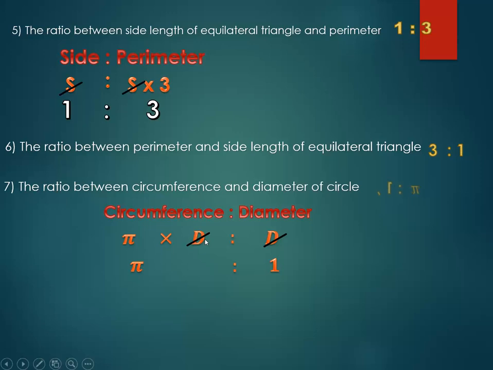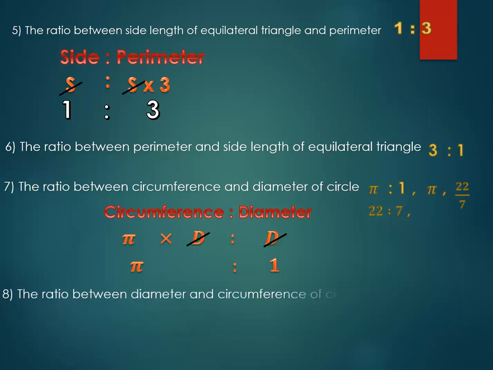So the answer will be pi to 1, or pi over 1, which equals pi, and we know that pi equals 22 over 7, or 22 to 7. The ratio between diameter and circumference, the reflection, will be 1 to pi, or 7 over 22, or 7 to 22.